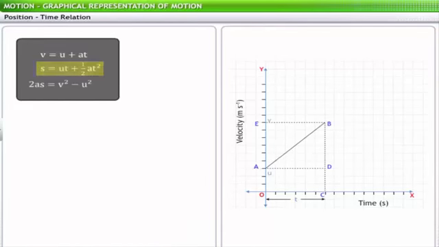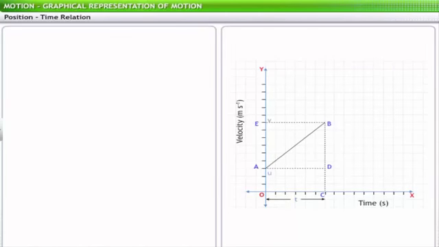Let's now derive the second equation of motion, that is position-time relation. In the same velocity-time graph, we used to analyze position-time relation. Let S be the displacement of the object in time t. You can determine the displacement of the object as the area of the trapezium OABC under the curve.